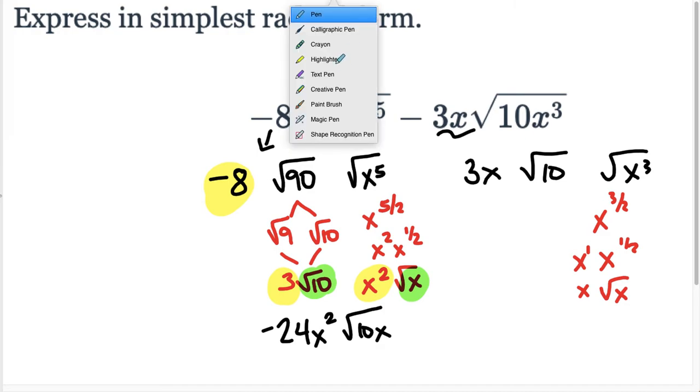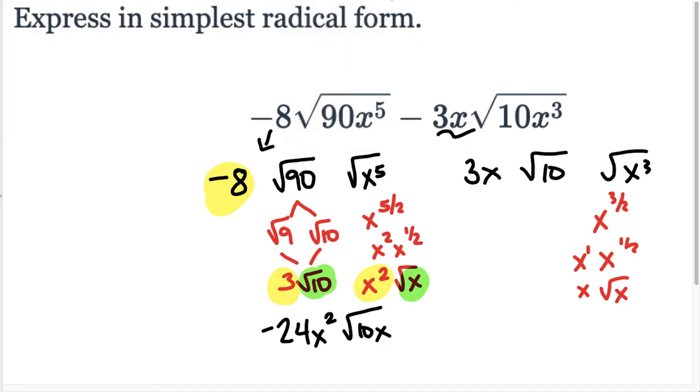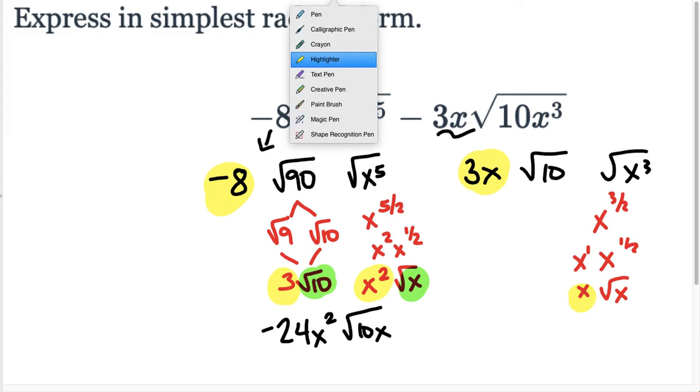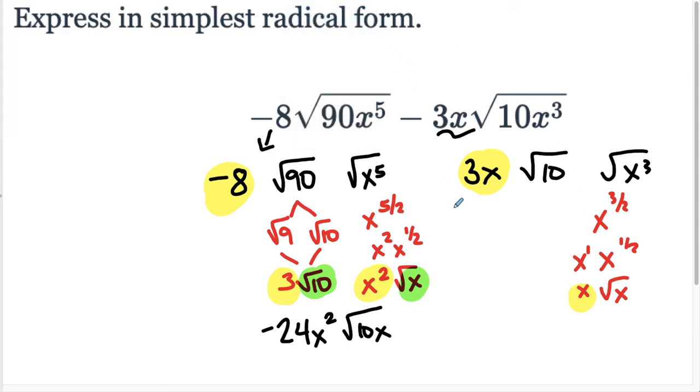Okay, the same idea: I'm going to highlight my coefficients, which is 3x, and here's another x. Together, if I multiply that, that becomes 3x squared. And underneath the radical, my new radicand is going to be 10x.